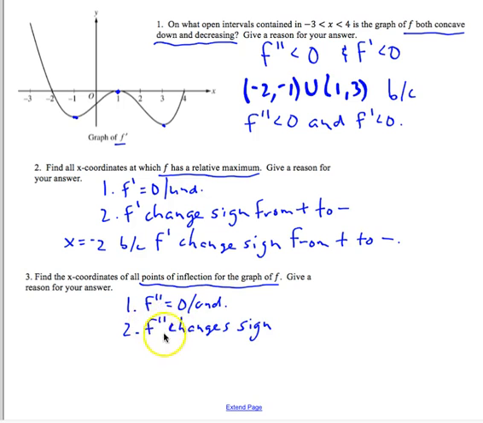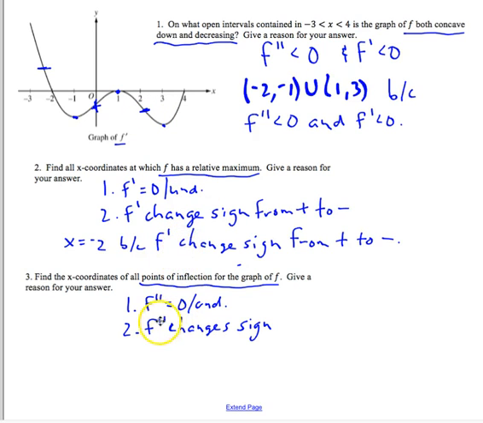So considering f double prime, which is the slope of this graph, we see that before negative 1, the slope of f prime is negative. F prime is decreasing, meaning it has a negative slope. Between negative 1 and 1, f prime is increasing, meaning that f double prime is positive. And from 1 to 4, we see that f prime is decreasing again, meaning f double prime is negative.